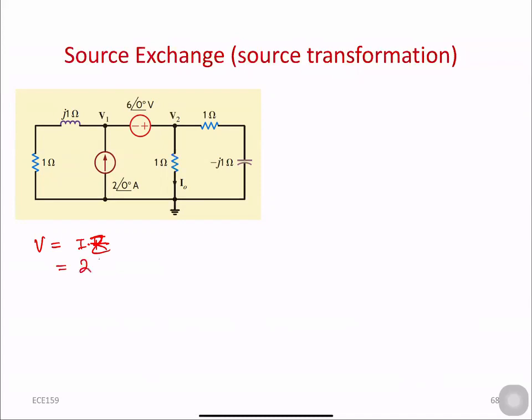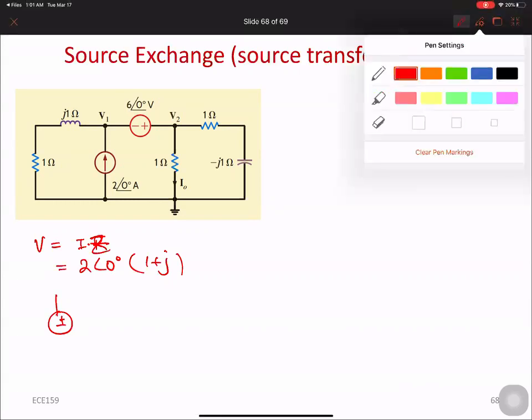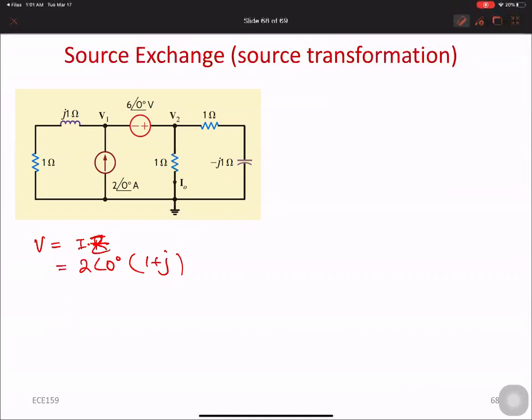So which is simply 2 angle 0 times the impedance, which is 1 plus j. So when I calculate the voltage here, I can convert this current source to a voltage source connected like this.